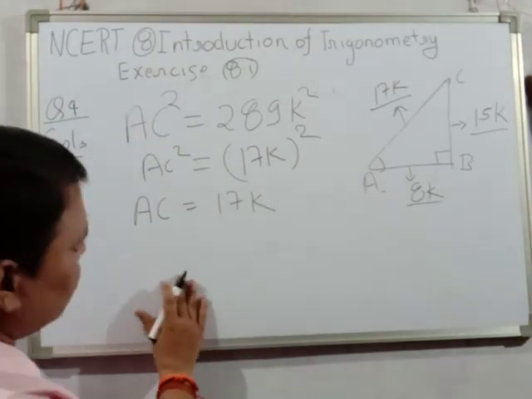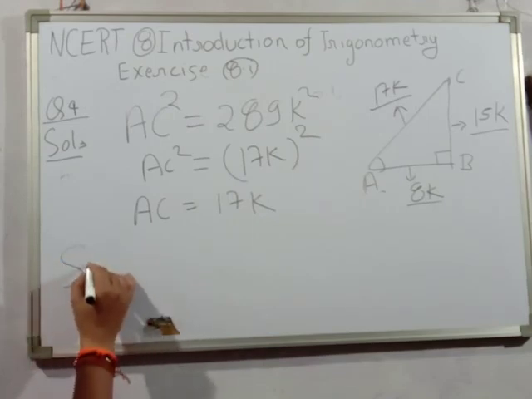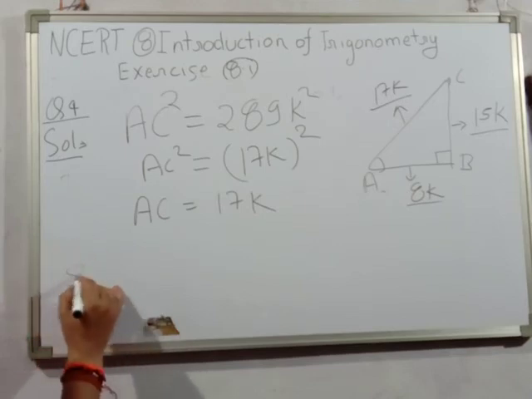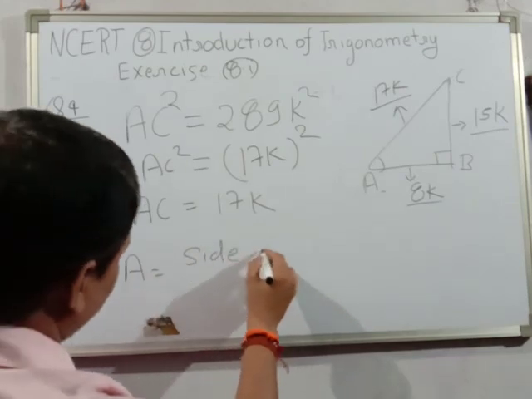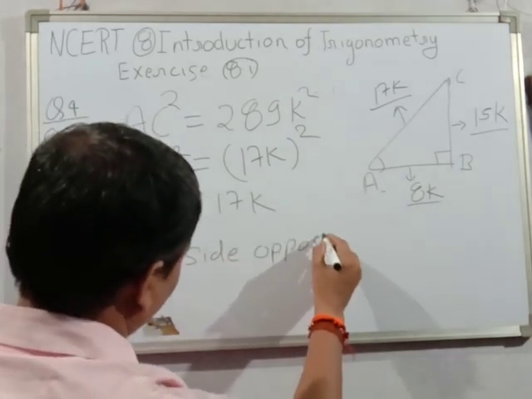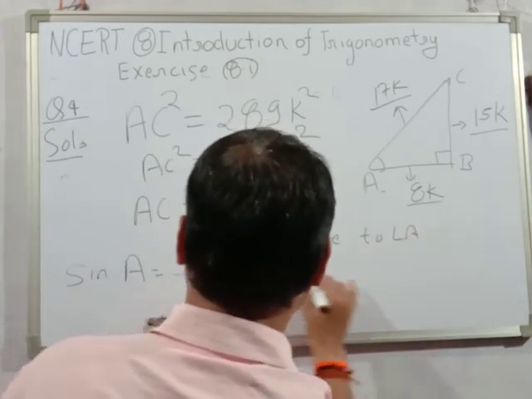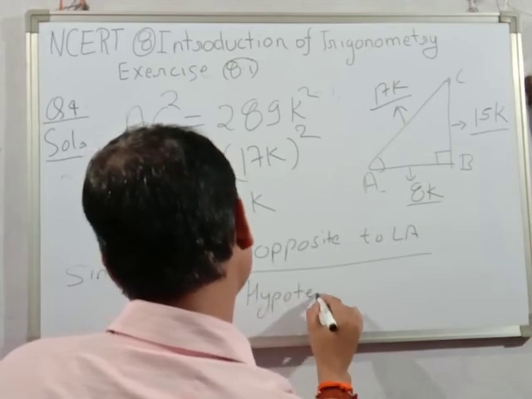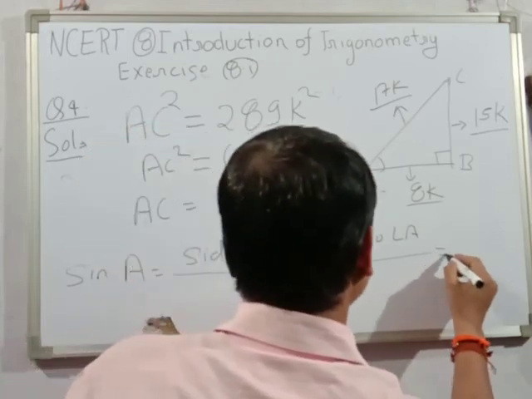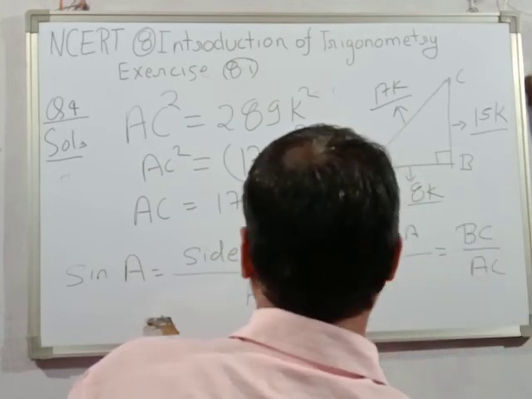Here we have to find sin A. What is sin A? Side opposite to angle A divided by hypotenuse, that is BC upon AC.